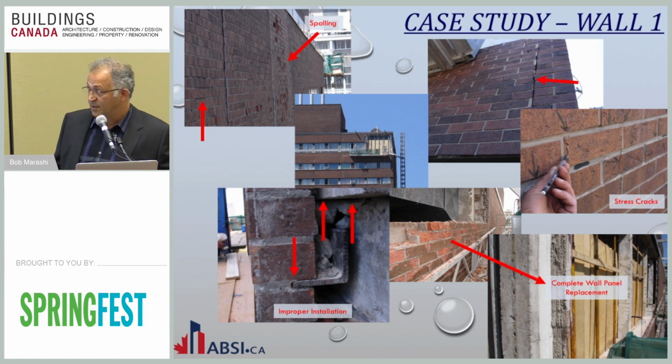So we started removing panels that were really bad on top, and we found out that the shelf angles were just too short. I think they built the backup block wall too far outward from the slab edge. They should have used a larger shelf angle. They didn't. They just used the shelf angle that came on site, which was a little too short.